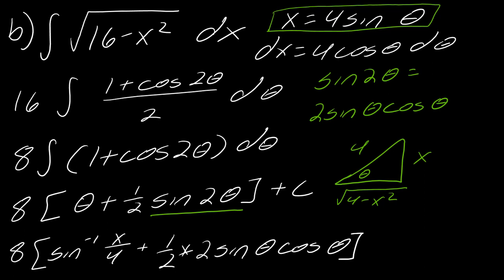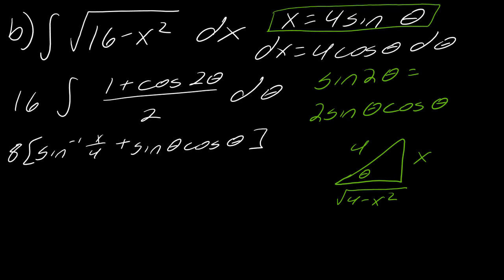And so now, let me clear a little space again. Okay, so now sine of theta, so that's going to be my opposite over my hypotenuse, so that's going to be x over 4.